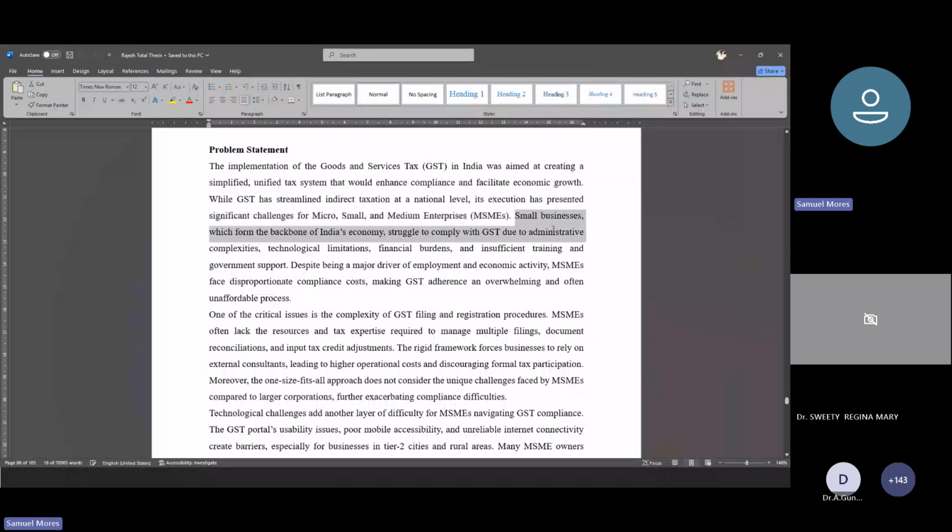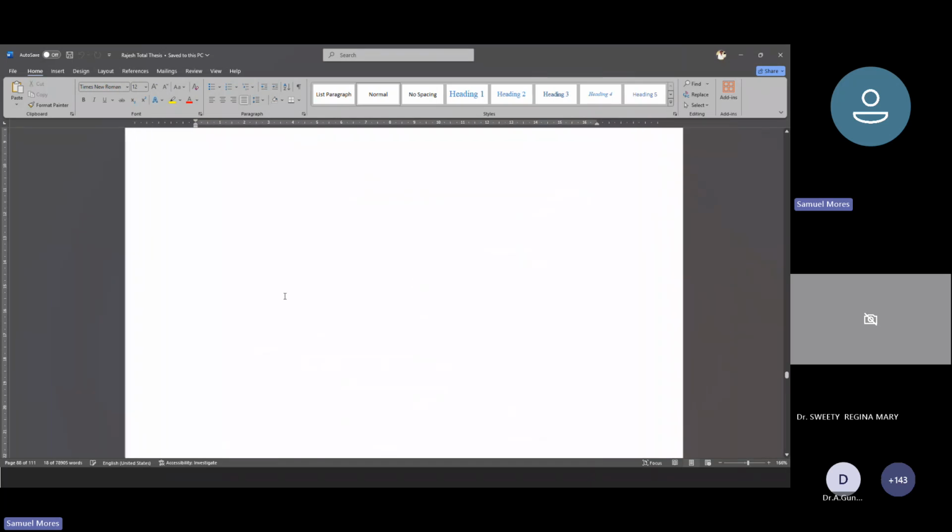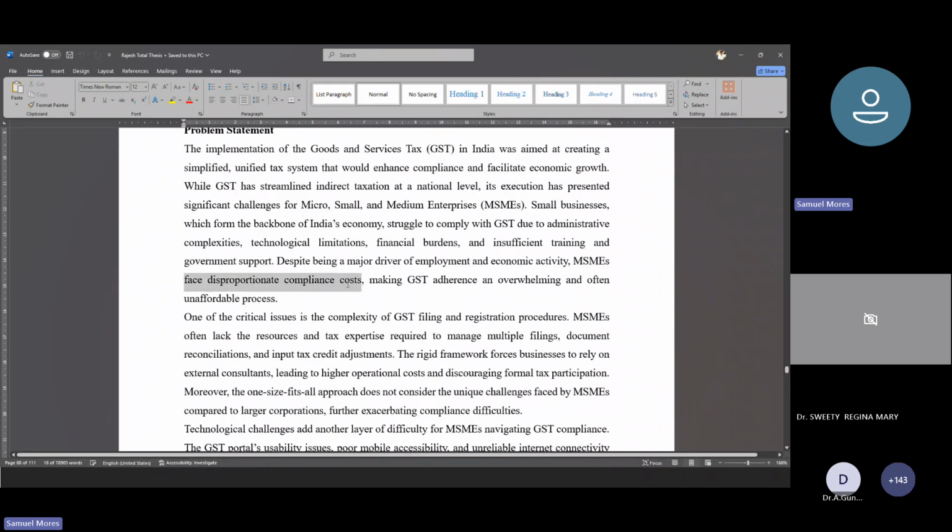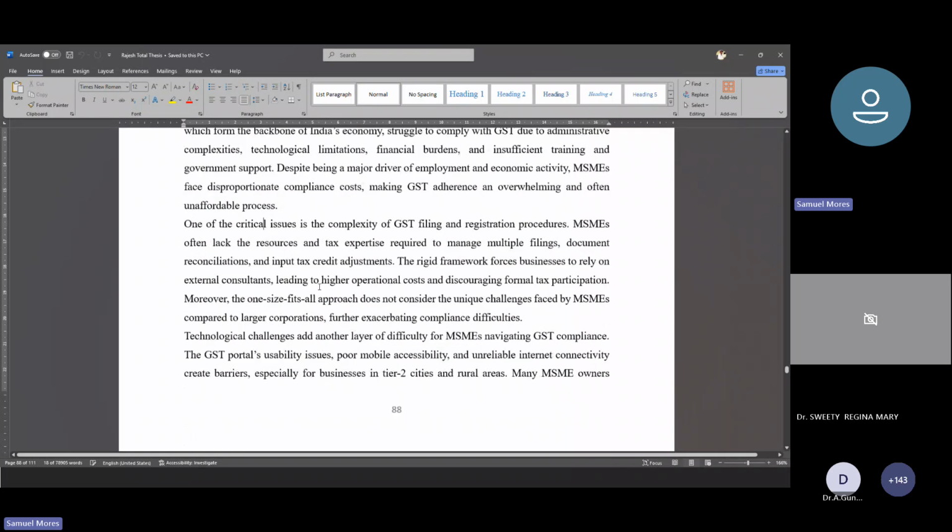Small businesses, which are the backbone of the Indian economy, struggle to comply with GST due to administrative complexities, technological limitations, financial burdens, and insufficient training and government support. Despite being a major driver of employment, these MSMEs face disproportionate compliance costs, making GST adherence an overwhelming, often unaffordable process.